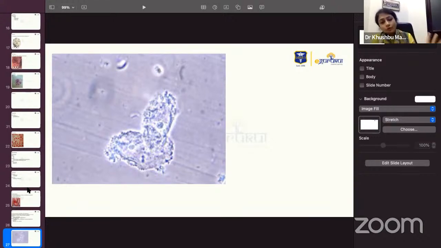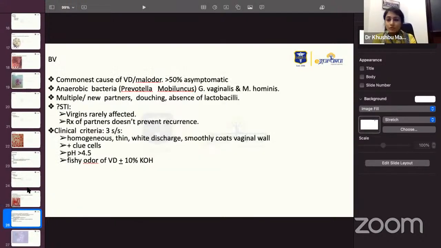So if from a normal vaginal mucosa you make a smear, you can see a clue cell. So the diagnostic thing is more than 20% of these cells should be clue cells. Just identifying 1 or 2 clue cells is not sufficient, but that's not again very relevant for you.